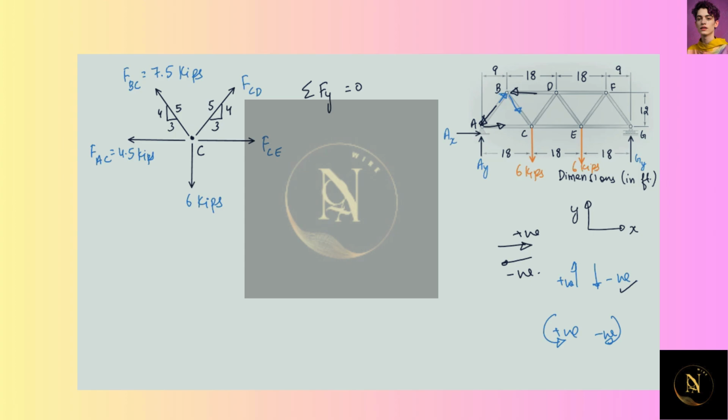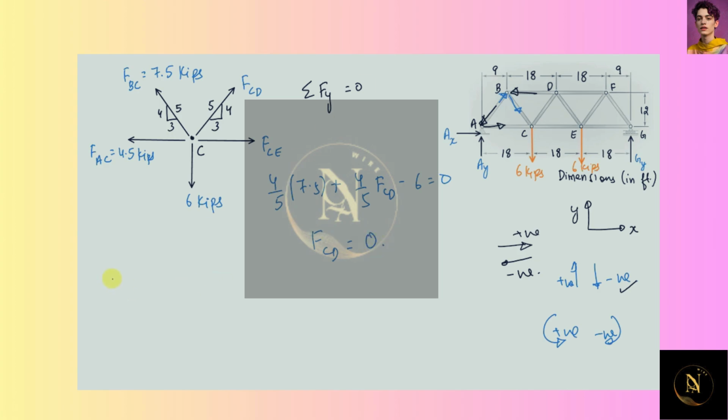Now we will be taking forces in the y direction, so we have 4 by 5 times 7.5 plus 4 by 5 times FCD, that we have to calculate, minus 6 would be equals to 0. So from here FCD comes out to be 0.